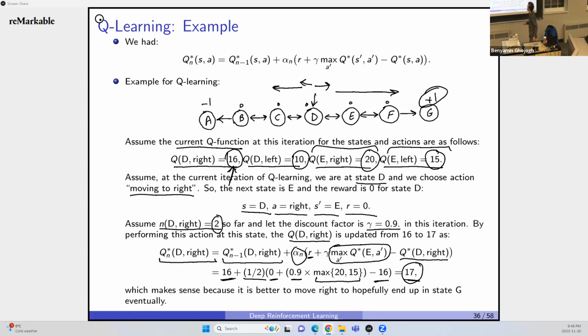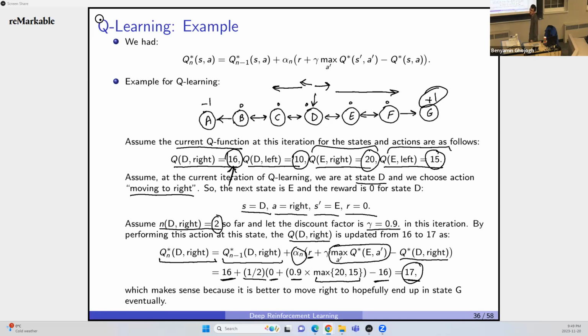So after learning this Q, after training, in the test phase, we just do argmax of Q of S and A to decide what action to do. Of course, whenever you start from D, it says go right. You are in E, it says go right. In F, it says go right, win. That's it. Okay?